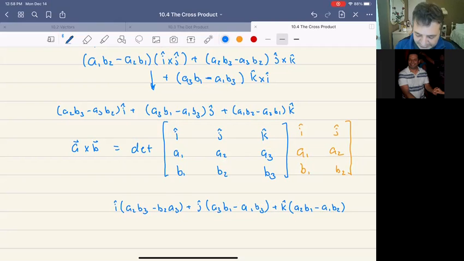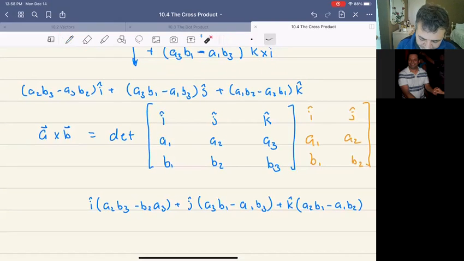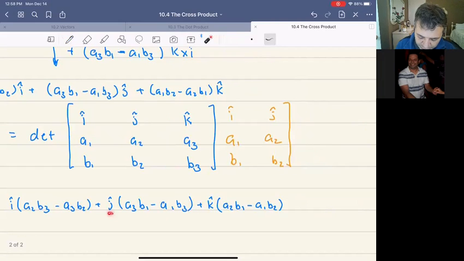So let's think about this as 1, 2, 3, negative, I should have written this A3, B2, 1, 3, 2, which is the negative one. Okay, 2, 3, 1, 1, 3, 2. This is the negative one. Okay, 3, 2, 1.